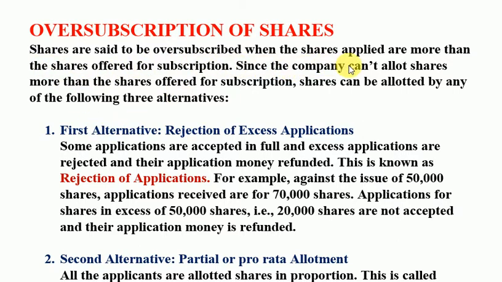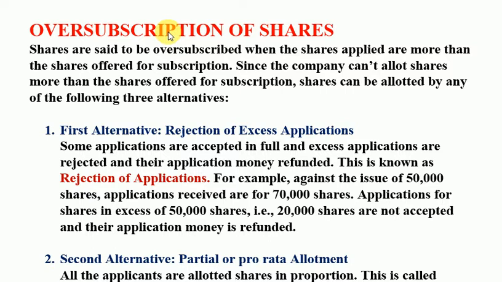Since the company cannot allot shares more than the shares offered for subscription, shares can be allotted by any of the following three alternatives. When the number of shares applied by the public is more than the number of shares issued by the company, it is a case of oversubscription of shares.